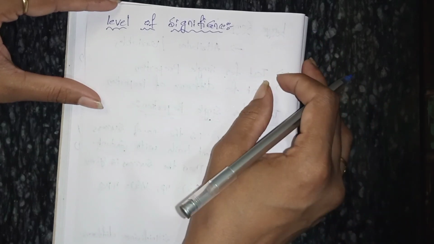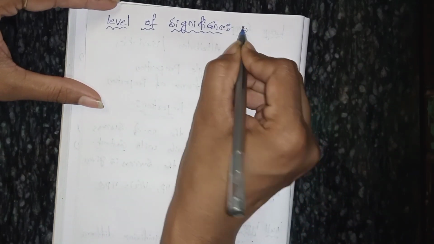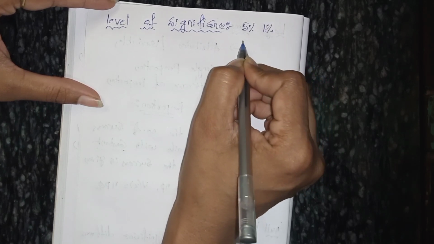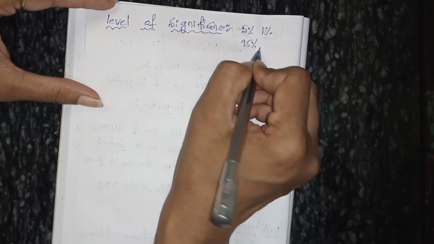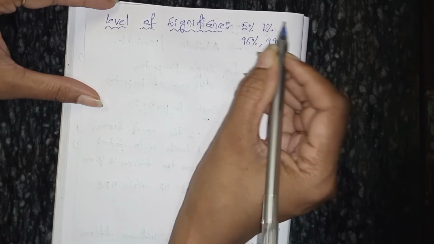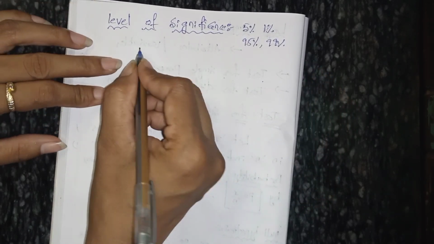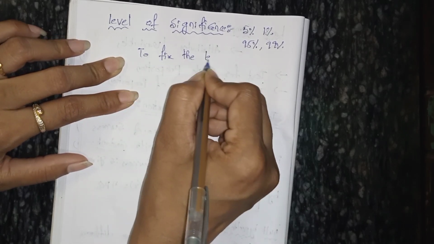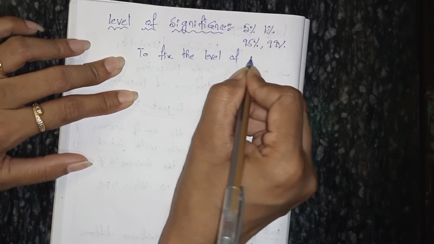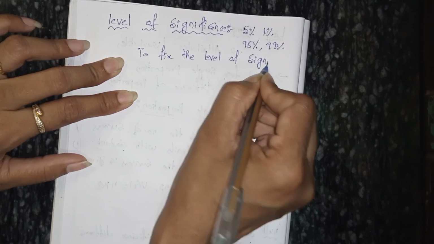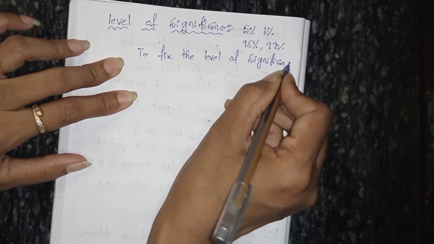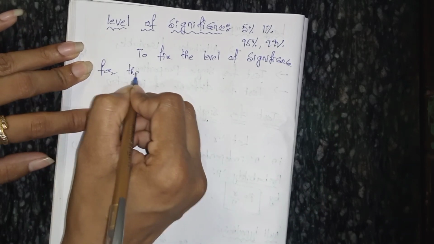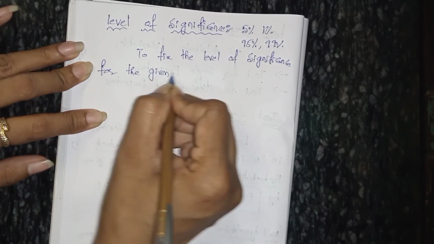Mostly we test at the 5% level or 1% level, or we can say 95% or 99%. We fix the level of significance for the given value.